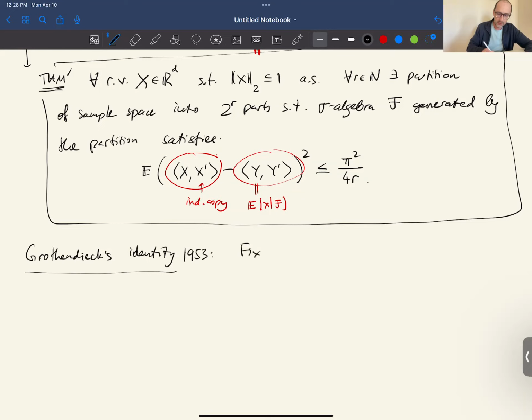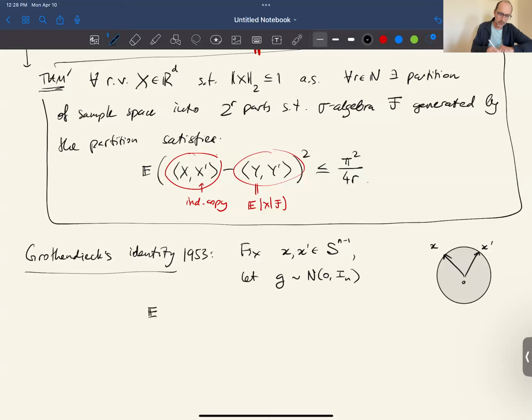Fix any two unit vectors on the sphere in n-dimensional space. So fix two vectors like this on the sphere. This is x and this is x prime. And look at the Gaussian vector, the standard normal vector in the space.